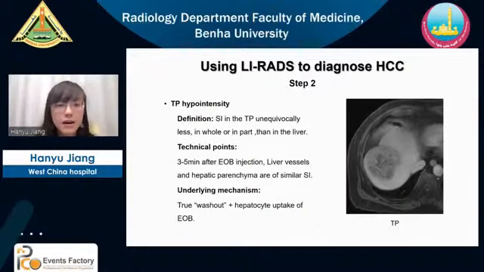So we should strictly evaluate the washout appearance on portovenous phase images for hepatobiliary contrast agent enhanced MRI, but we can evaluate the washout appearance on both portovenous phase and delayed phase images for extracellular contrast agent enhanced MRI.